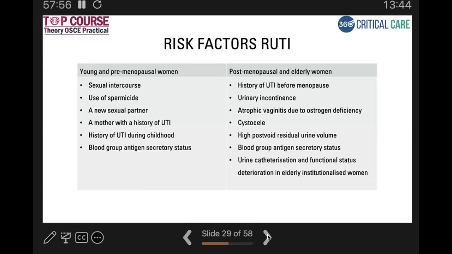In post menopausal women and elderly men, which we commonly see in the ICU, risk factors include history of UTI before menopause, urinary incontinence, atrophic vaginitis due to estrogen deficiency, cystocele, high post-void residual volume, and urinary catheterization or institutionalization. These are all the common risk factors for recurrent UTIs.